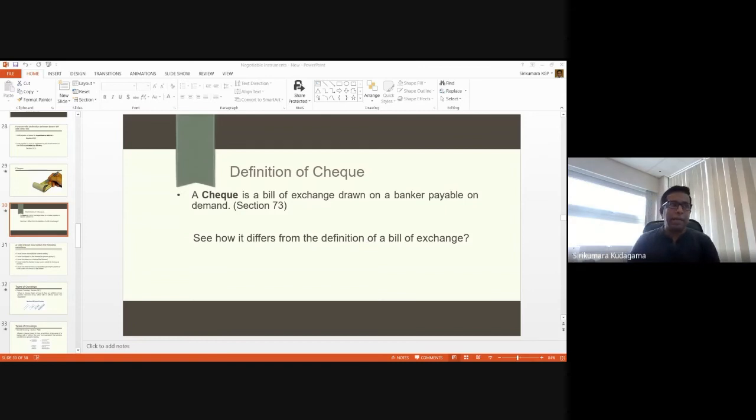So you'll see that here the check is again a subset. In the case of a bill of exchange, addressor and addressee could have been any two parties. But when it comes to a check, it's only addressed to a banker. It means that it can be addressed by a customer of the bank. And also, in the case of a bill of exchange, the payment can be required to be made on demand or at a fixed time or at a determinable future time.